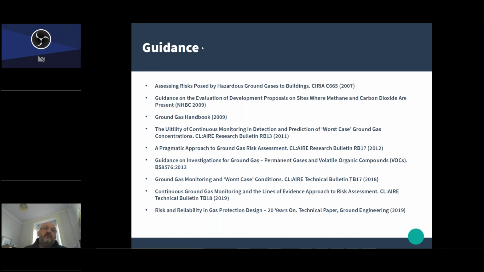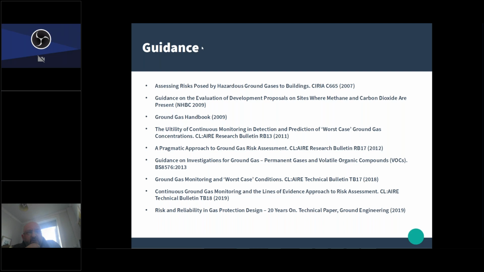NHBC guidance picks up on much of that. So does the Ground Gas Handbook from 2009. But there's been some useful stuff more recently, particularly some stuff by Claire, focusing on things like continuous gas monitoring and a more pragmatic approach to risk assessment for low-risk sites.